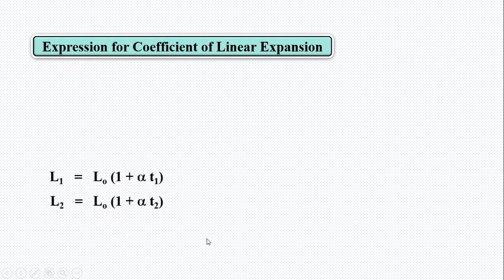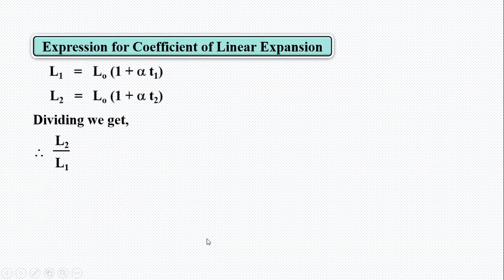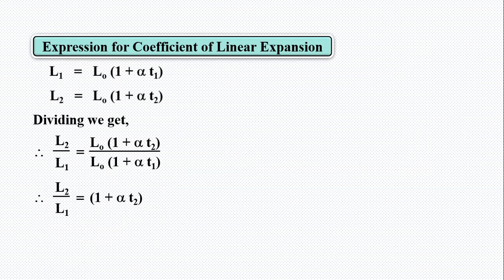Now what we do, dividing we get, that is L2 divided by L1, L0 get cancel. What we get here is 1 plus alpha T2 upon 1 plus alpha T1.